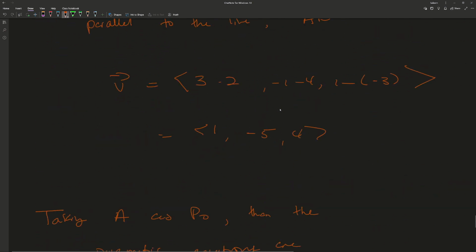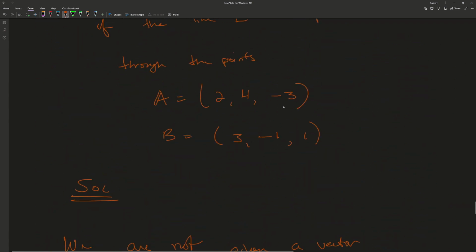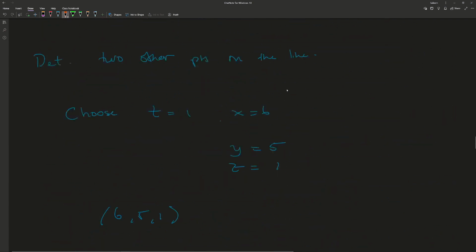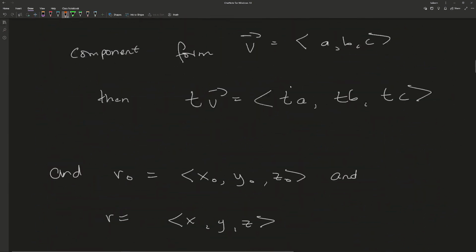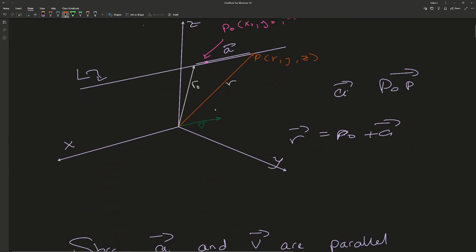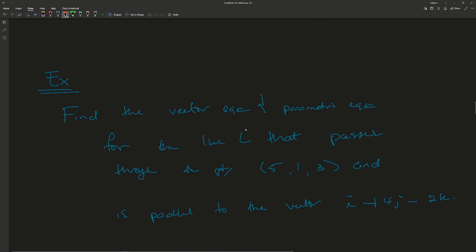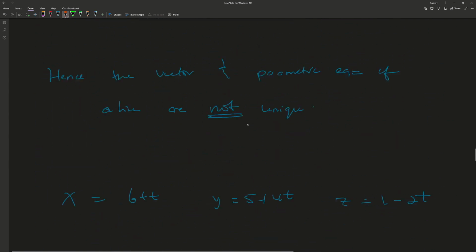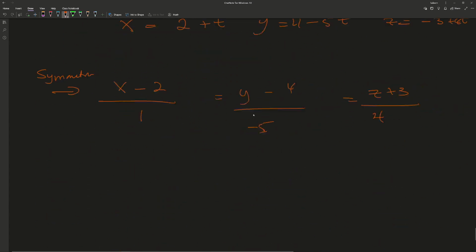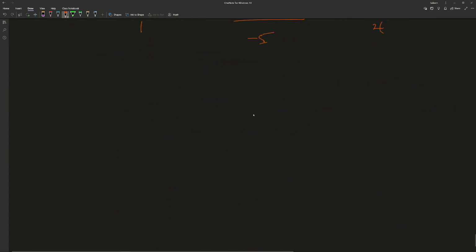So further to this, suppose that we were asked, let's go back up to our diagram, at what point does this line here intersect the xy plane? How would we find something like that? Well, didn't we just speak about setting certain values to 0 and then eliminating parameters?